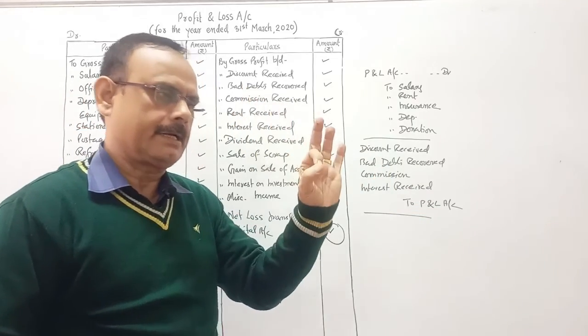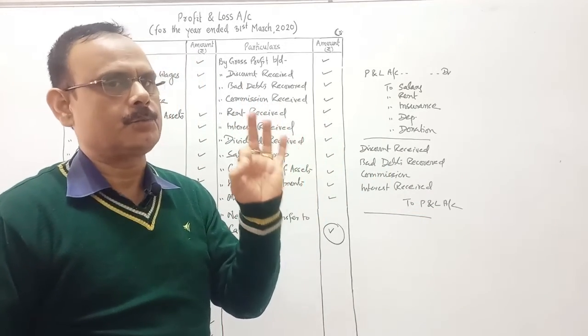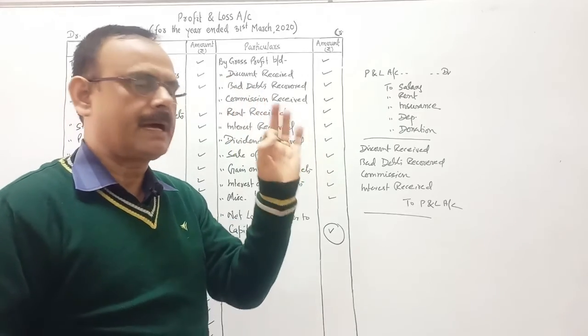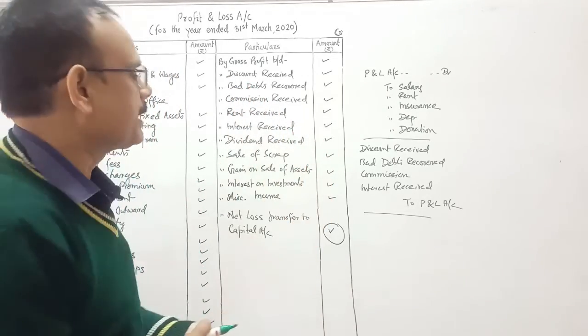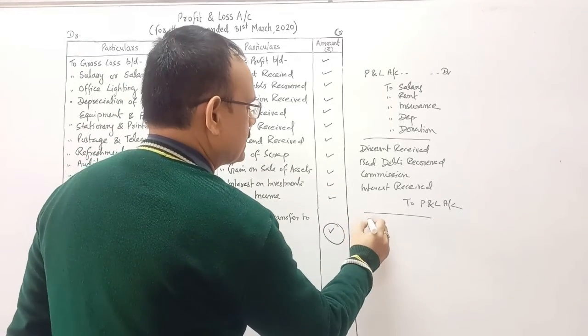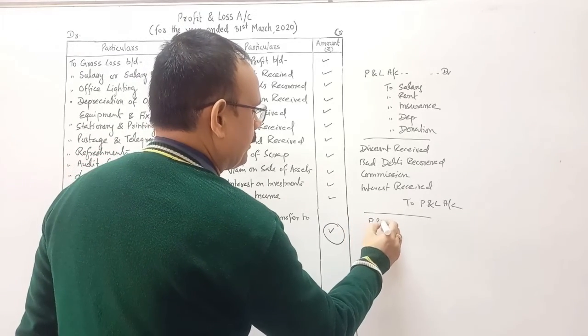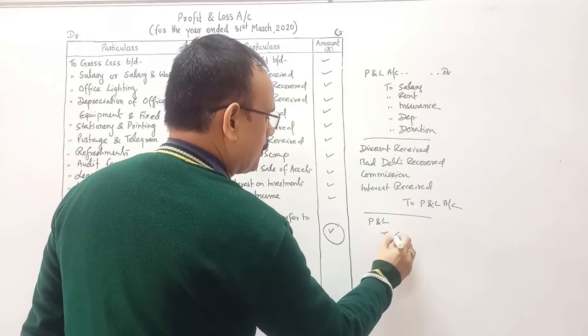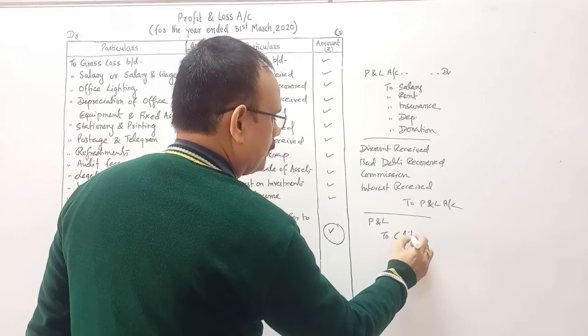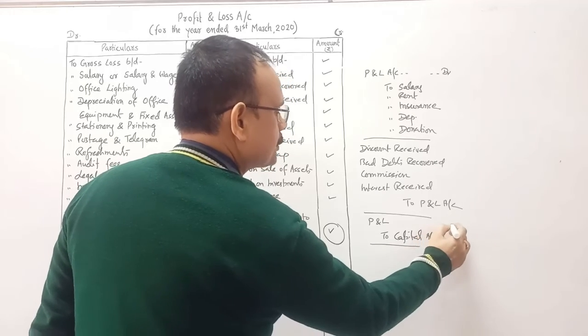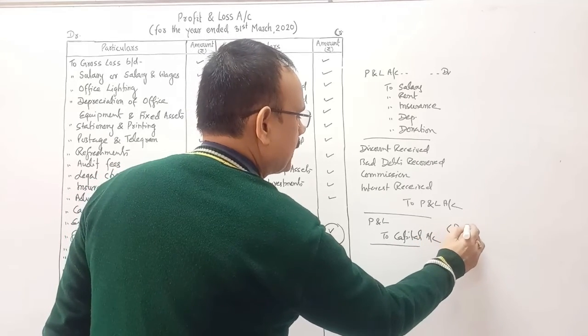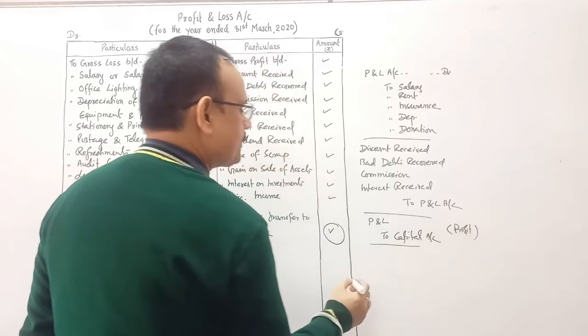All direct income and direct expense accounts will be closed by transferring the balance to trading account. Is it clear? If there is profit, then profit and loss account debit to capital account, for net profit transferred to capital account.